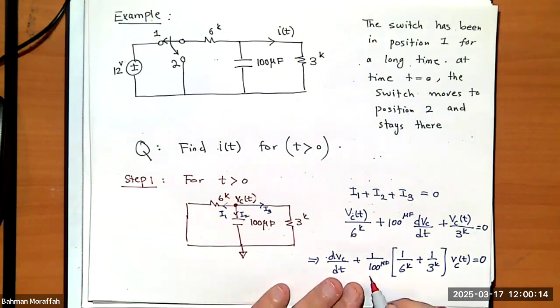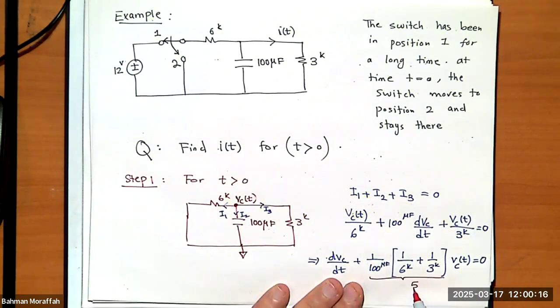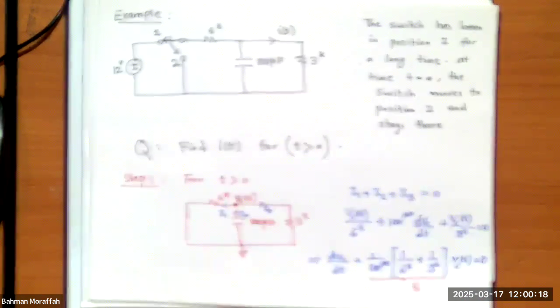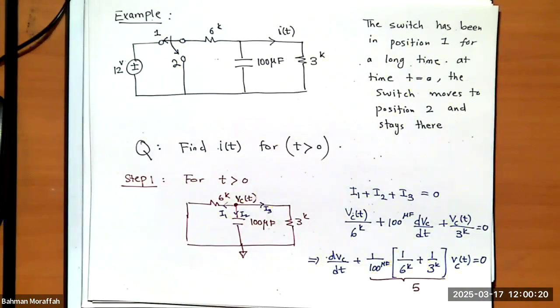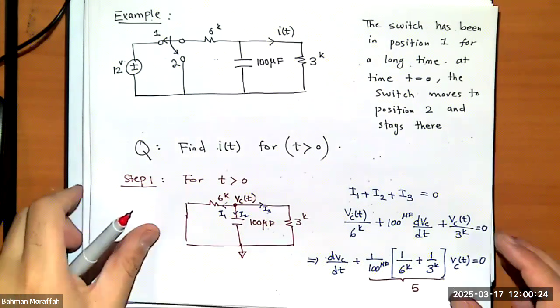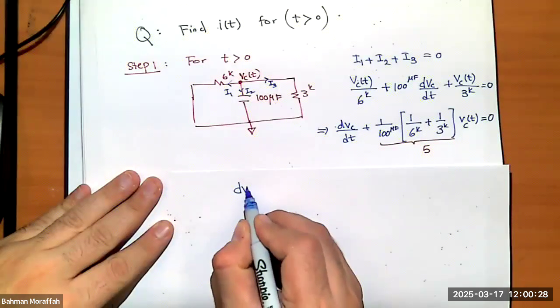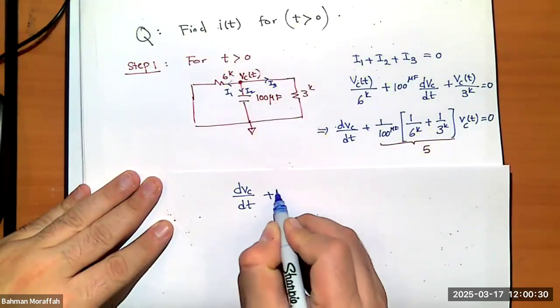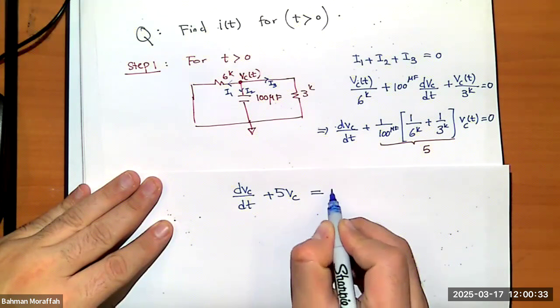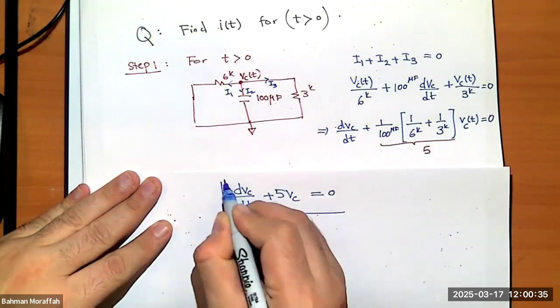If you simplify that, this is a 5. You can just multiply them. So what you get is dVc dt plus 5 times Vc equals 0.